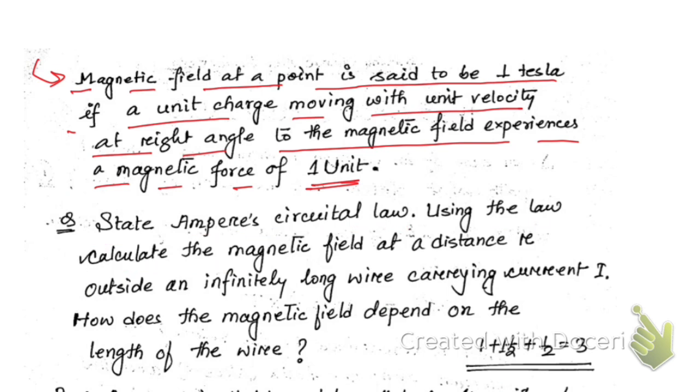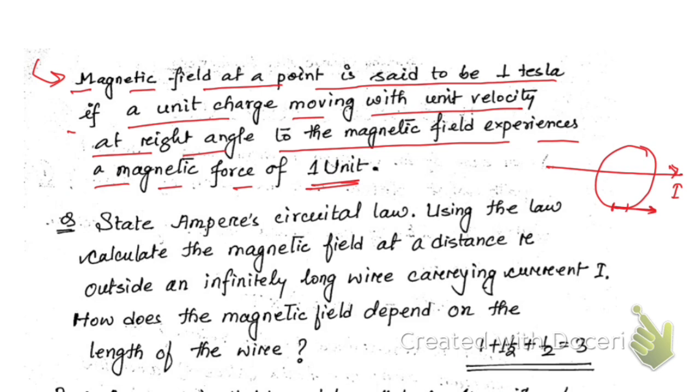Suppose you have considered a closed path, and through this closed path you have a wire that carries current I. Then let me consider a very small length element dl in this direction.